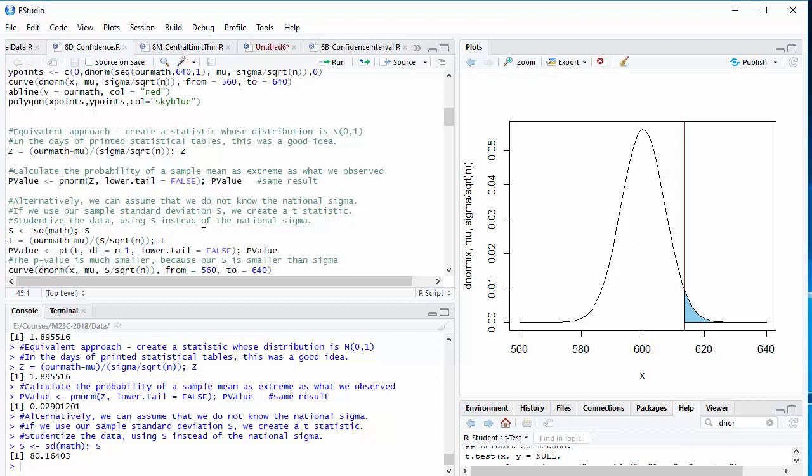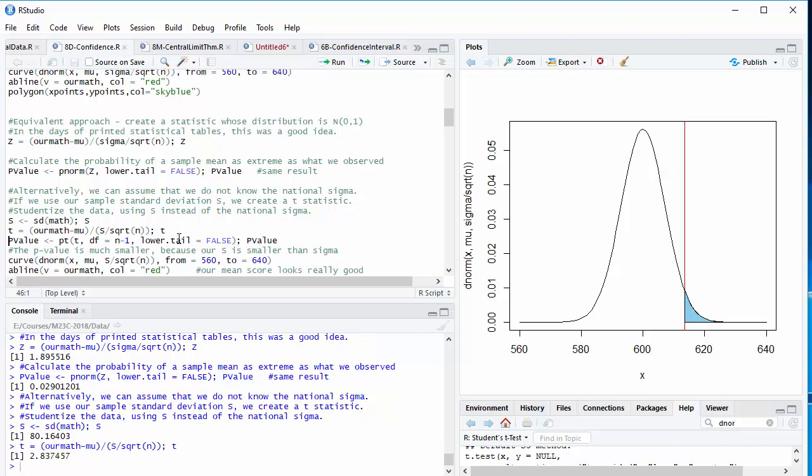Now we can generate the studentized version. We take the mean for our school, subtract off the statewide mean, but in the denominator, instead of using the national standard deviation, we use our sample standard deviation. And this studentized variable should have a distribution which is student t with 285 minus 1 degrees of freedom.